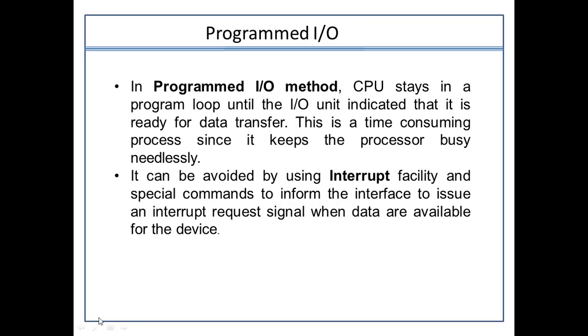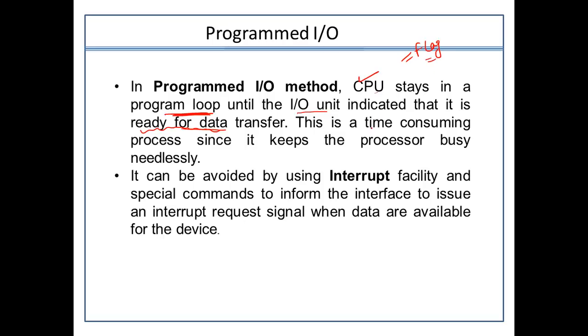Now, when we learned about this programmed input output, you can observe that the CPU has to be in a loop until the IO unit indicates that the data is available in the data transfer. Whenever some data is available in the data register, the CPU has to keep its entire focus on this interface value only and keep on checking the flag bit only.